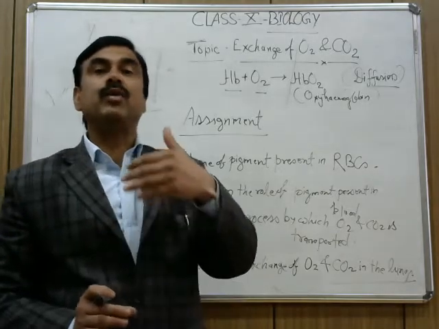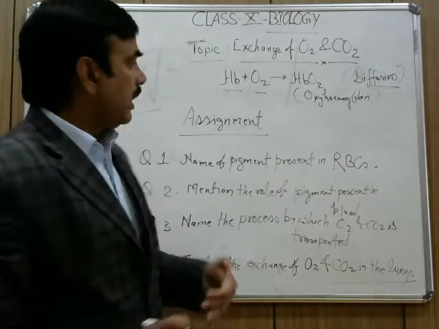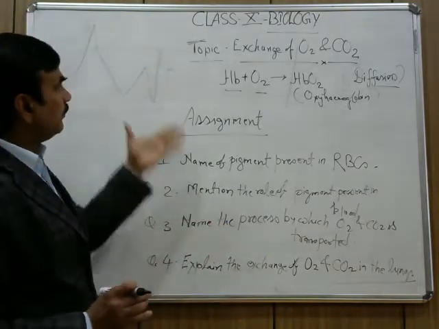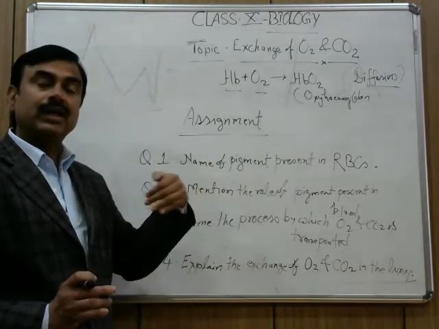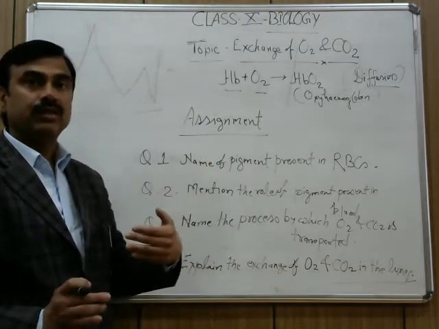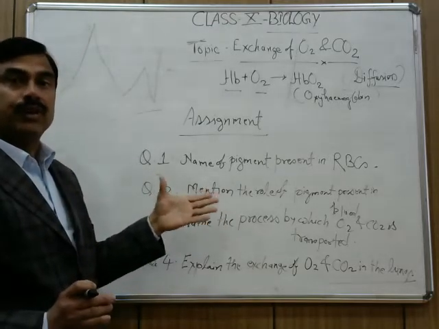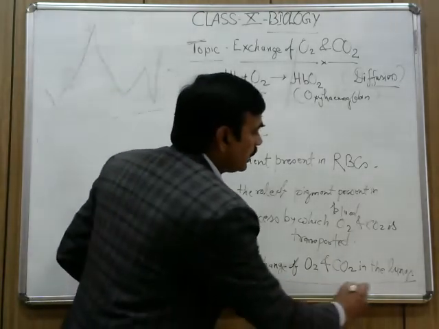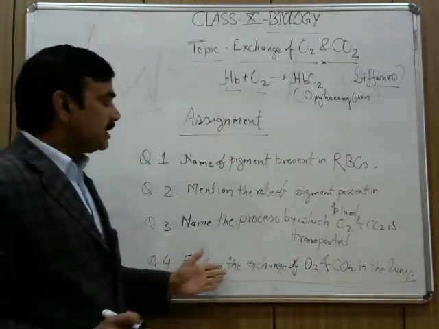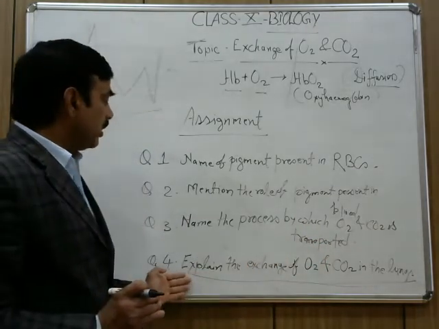You can add more and more questions in your notes, and you have to see the assignment questions. You can write some more questions which are explained by me: why, what, where, when, and how does it happen. So the exchange explanation is a long answer type question.